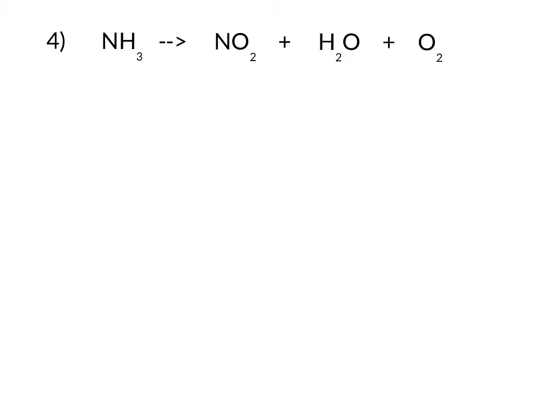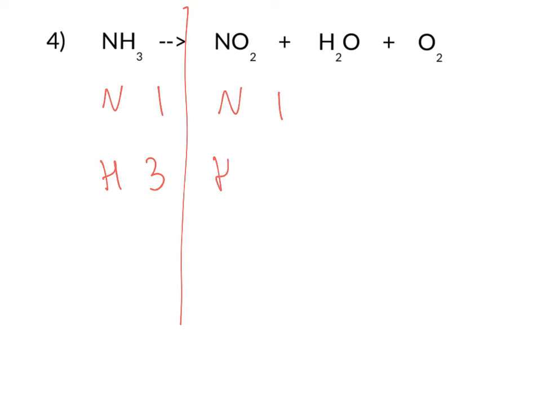Okay, starting to get a little bit harder now, but let's do the same process to start off. So nitrogen 1, hydrogen 3, oxygen 2, nitrogen 1, hydrogen 2, oxygen 5. So looking at this example, you can see that I've clearly done it wrong because there are no oxygens on this side, so this equation is wrong.